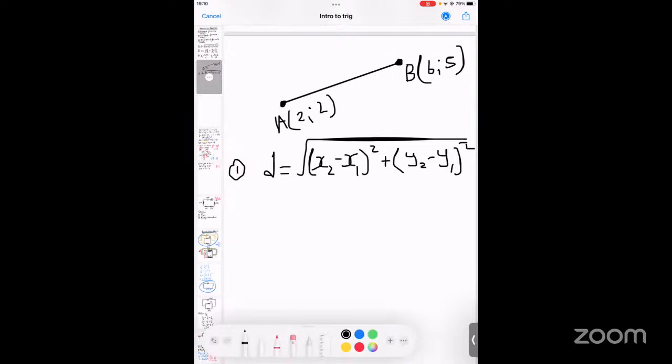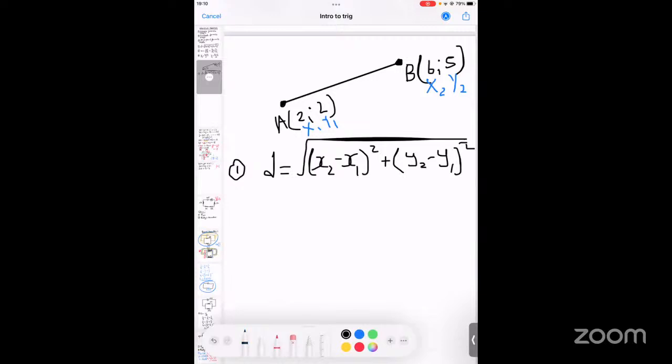Which one will be your x1, y1, x2, y2? I always follow the order of the alphabetical letters. So A comes first. That means this will be my x1, this will be my y1. And then this will be my x2, y2.